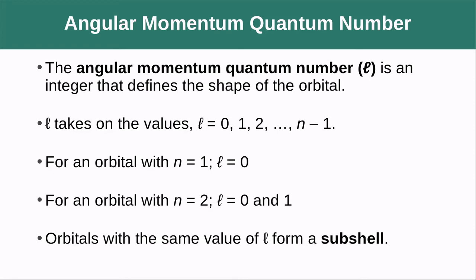So 0 through n minus 1. If n is 1, L can only be 0. If n is 2, n minus 1 is 1, so L has values of 0 and 1. If n was 3, n minus 1 would be 2, so L could take on values of 0, 1, and 2.